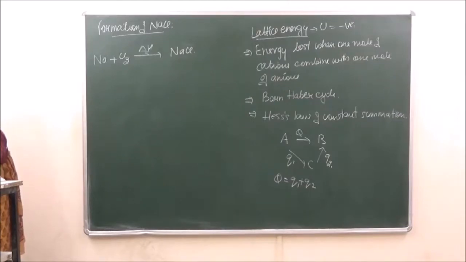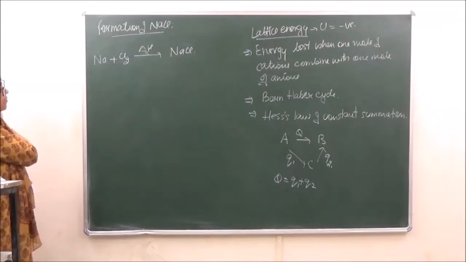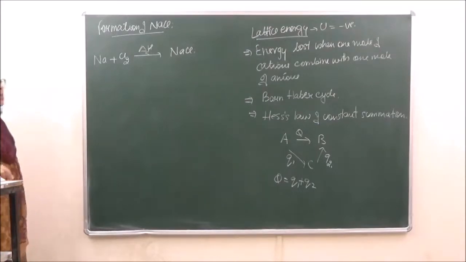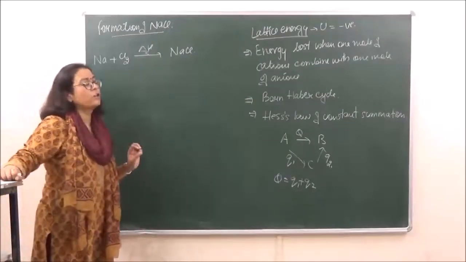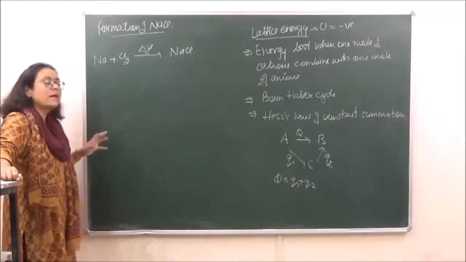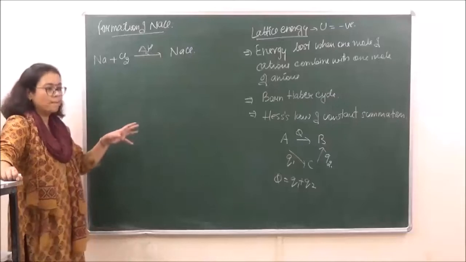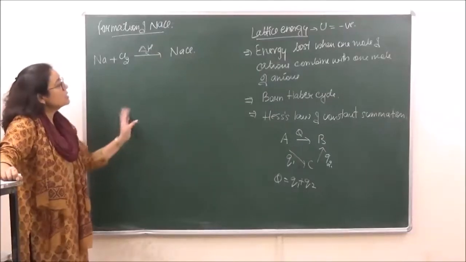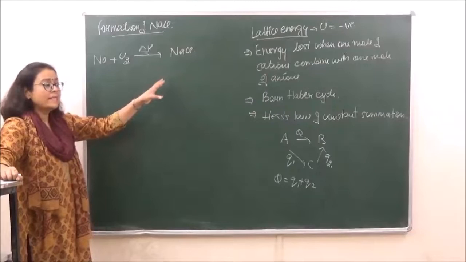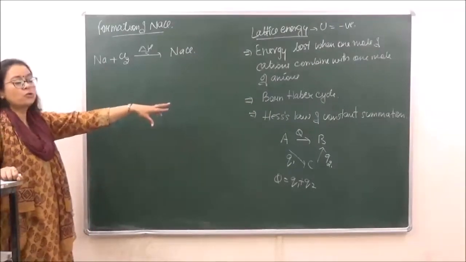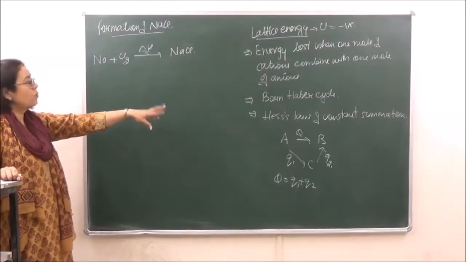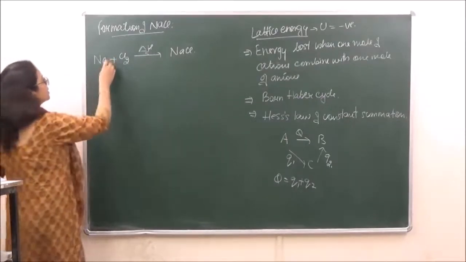Delta H is the heat change for the reaction. Now this reaction does not take place in this step because the solid states cannot combine with other states directly to form the compound. Okay, so this goes through many steps together, and all these steps are going to contribute towards the Born-Haber cycle. Okay, so let's see what are the steps.